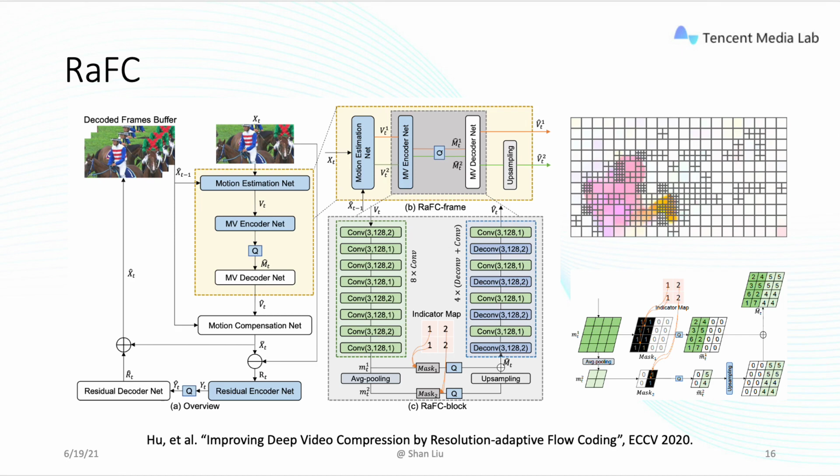It can be observed that smaller size blocks are often preferred in areas around the moving object boundaries, while the larger size blocks or lower resolution flow maps are preferred in the smoother areas.